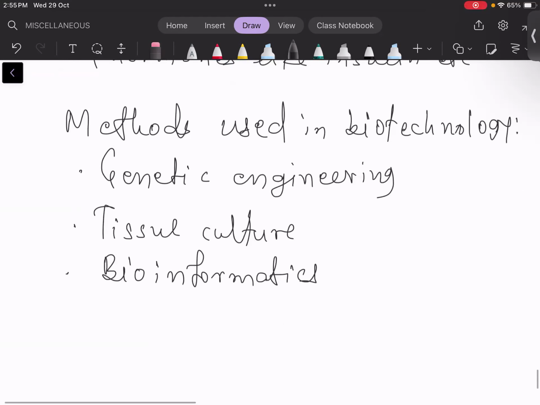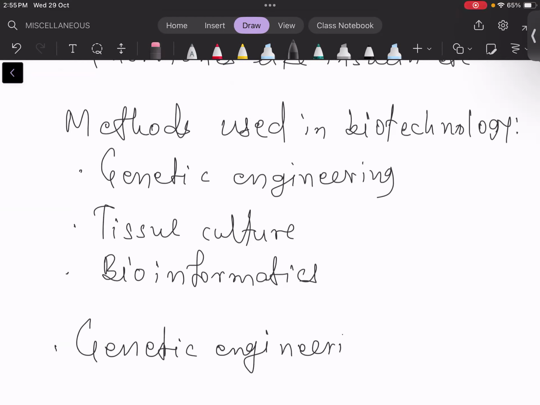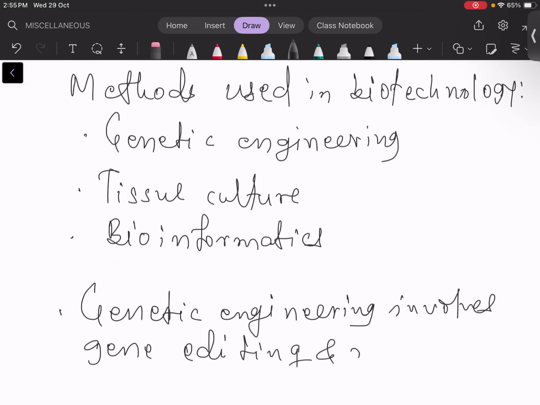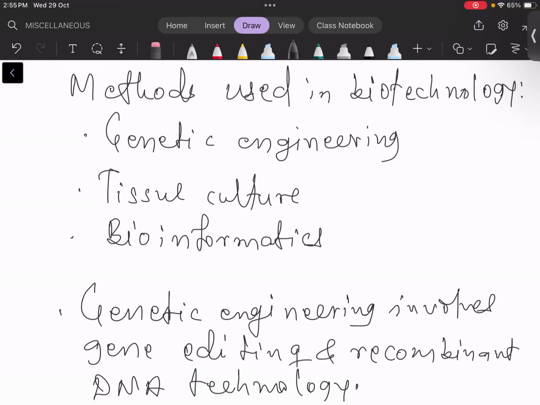Genetic engineering involves gene editing and recombinant DNA technology.